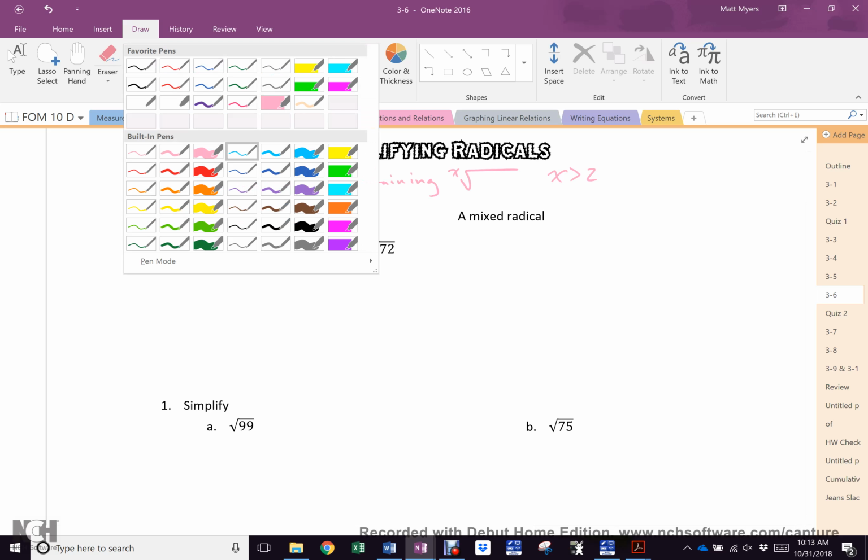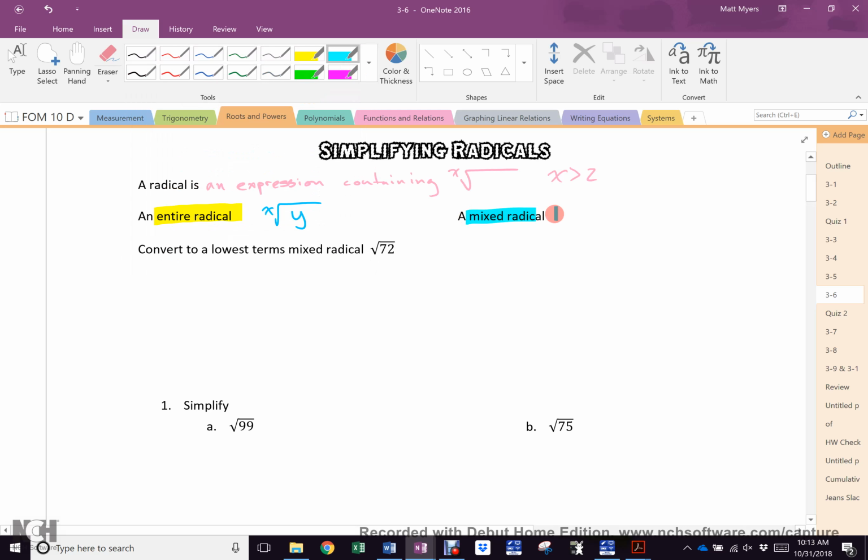A mixed radical is just like a mixed numeral. In a mixed numeral, there's a fraction and a big number, right? Well, in a mixed radical, there is a big number, a radical, and then another number. Everybody cool? All right.